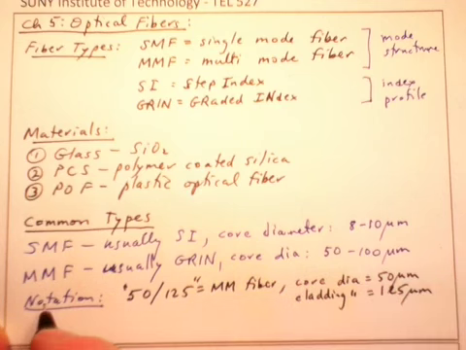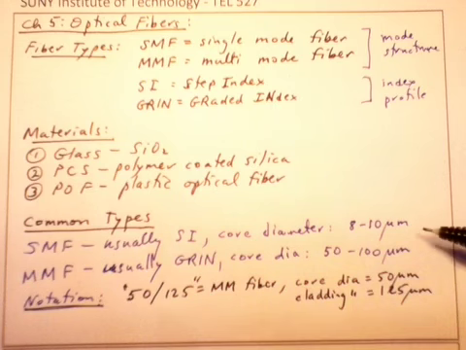I think that it's usually only used for multimode fibers because step index fibers are almost always the same: 8 to 10 micron core with a 125 micron outer diameter of the cladding.